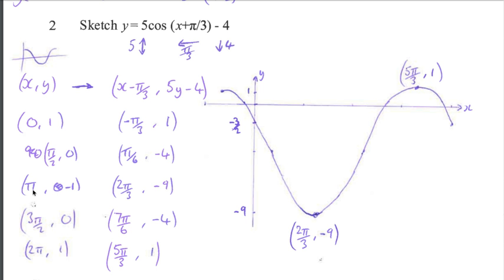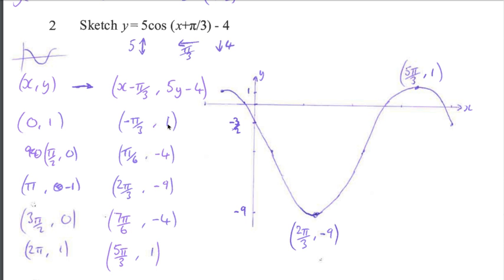Then we've got a whole pi minus pi by 3. Well, a whole minus 1/3 is 2/3, so that'll be 2 pi by 3. And I've got 3/2 minus 1/3 again. Go for a common denominator, so 3/2 is 9/6, 1/3 is 2/6. 9/6 minus 2/6 is 7/6 of pi. And then 2 wholes minus 1/3 will be 5/3 of pi.